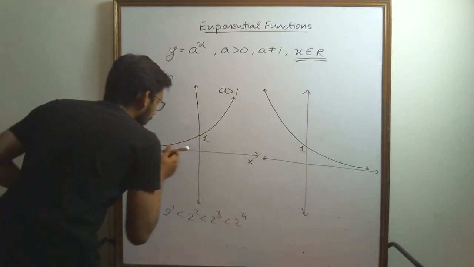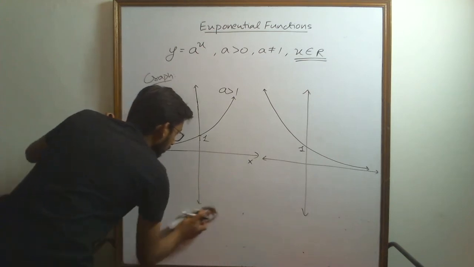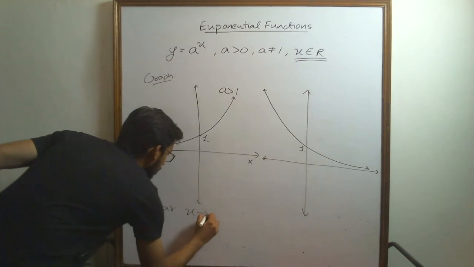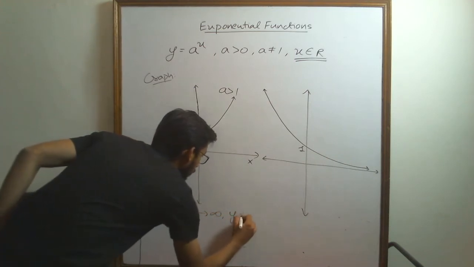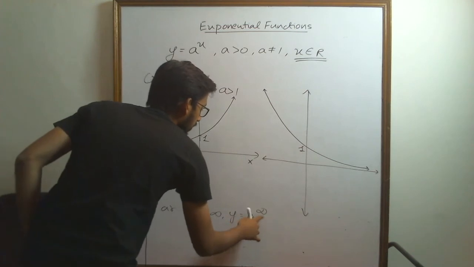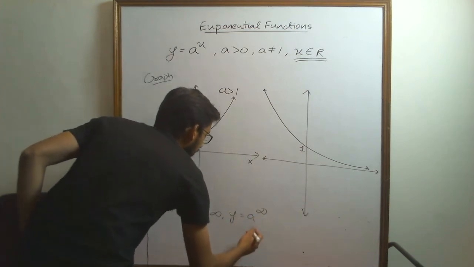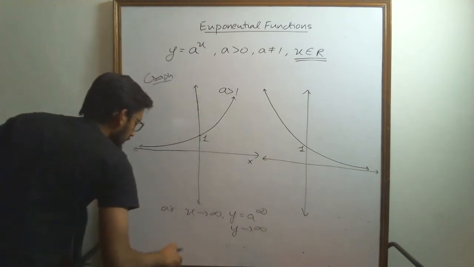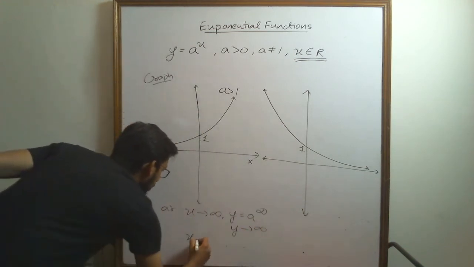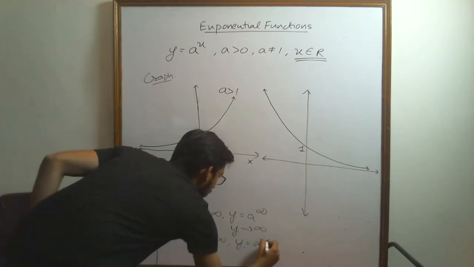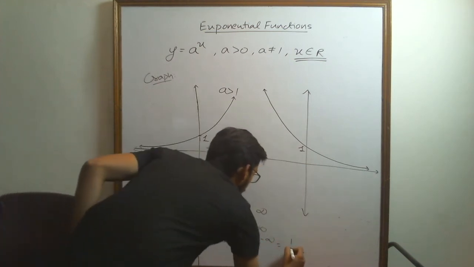Let's look at how we got this graph. As x tends towards infinity, y is equal to a to the power infinity. Since a is greater than 1, a to the power infinity will tend towards infinity, so y tends to infinity. As x tends towards minus infinity, y is equal to a to the power minus infinity, which is equal to 1 upon a to the power infinity.